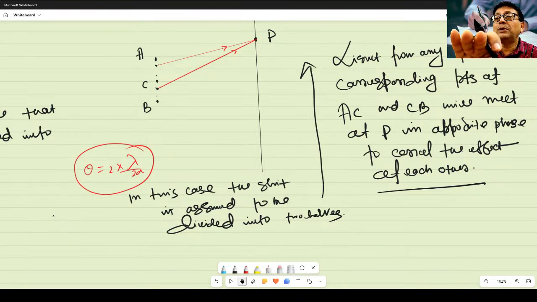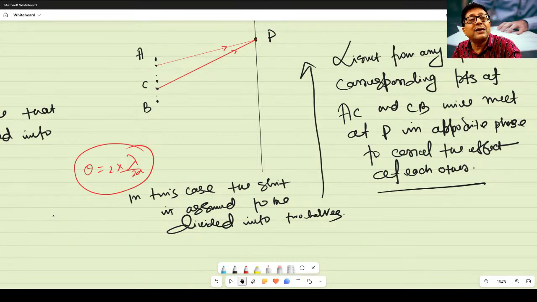A minima is formed over there. This is being explained with the help of wave theory, where we are assuming that the slit is divided into two halves. Why will minima be there? We have only one slit, so the slit needs to be divided. The slit is behaving like two slits. In interference, in Young's double slit experiment, two slits are provided.